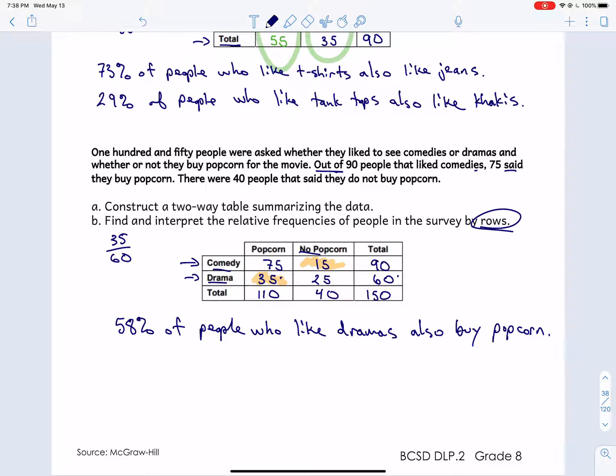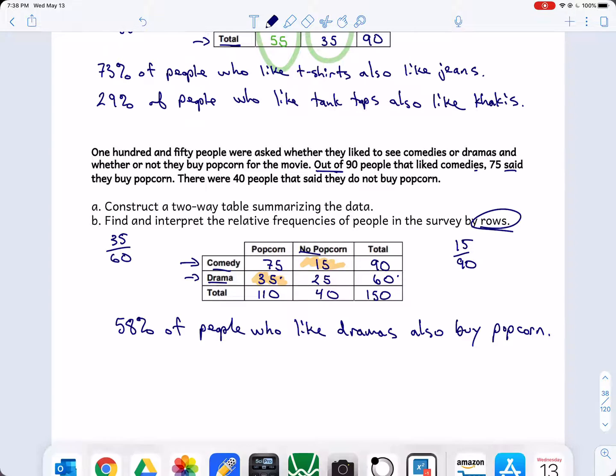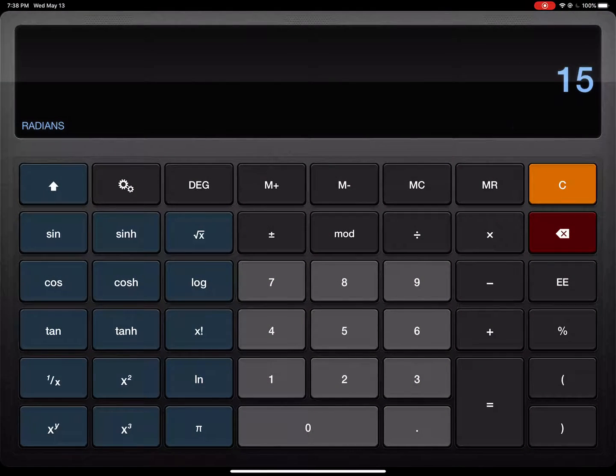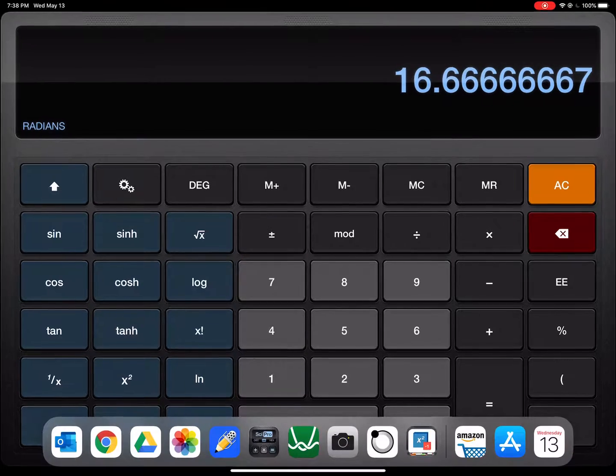All right, and then the other one regarding comedy, so that's 15 out of 90. So 15 divided by 90. And again, if you want to look at the percent a little bit easier, you can multiply by 100. So that'd be about 17%.